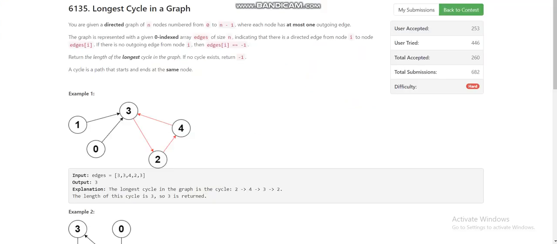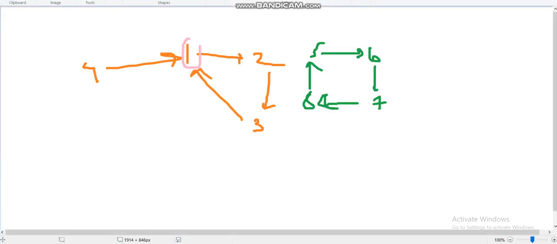So you can read that statement here. Here, each node has at most one outgoing edge. For this question it is a very important statement, because if there are many outgoing edges from a node, there could be more than one cycle entering a node.